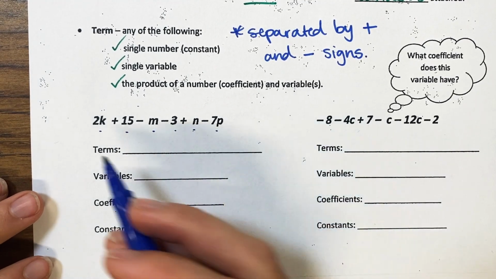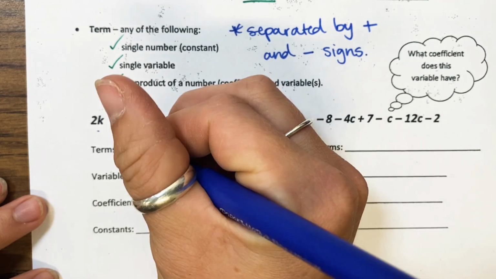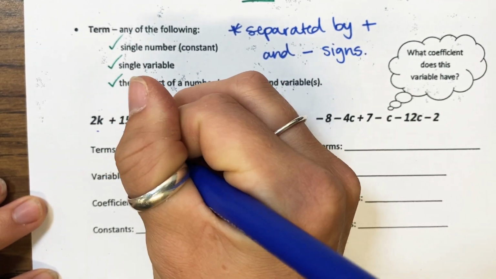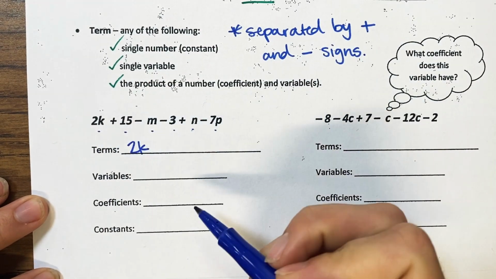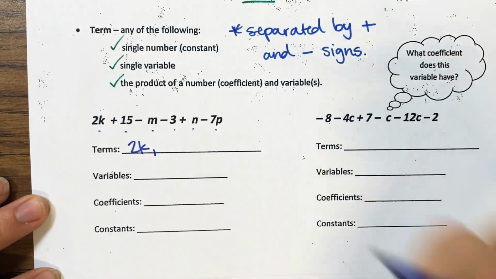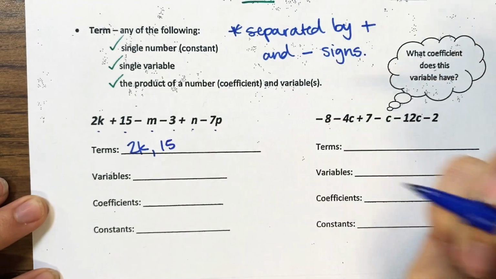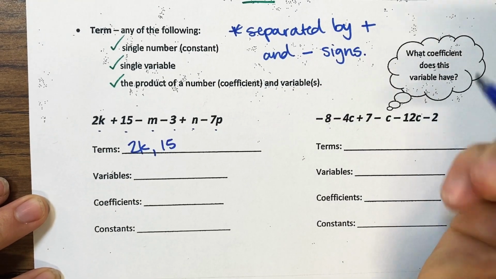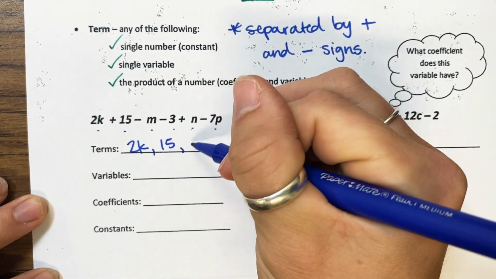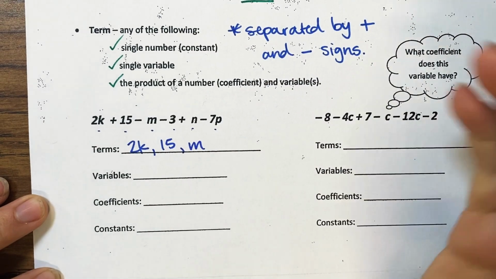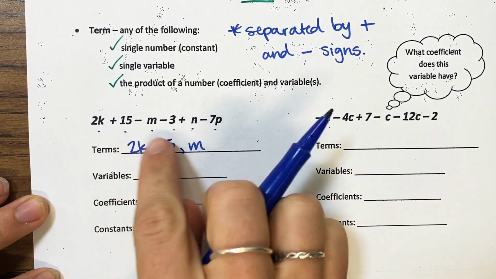It's actually asking us to list them out. So our first term, 2k. Okay, when we're making a list, we can do commas in between. Our second term, 15. Okay, our next term, m.